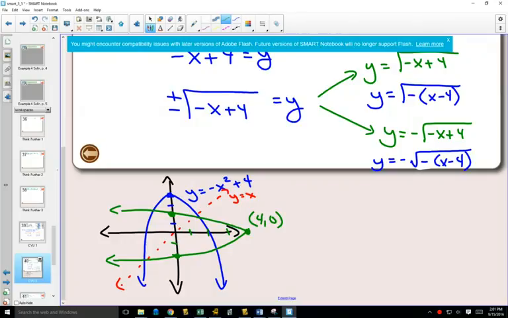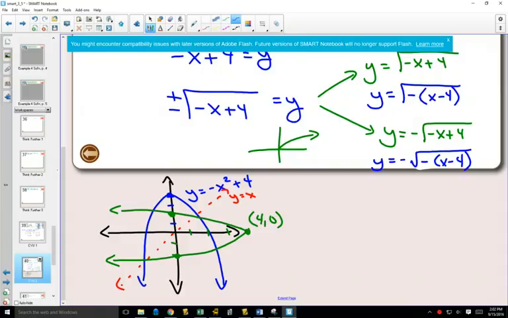Okay? If you wanted to graph the green one using the equations that you found, what is our first equation? The negative flips it. We have our square root graph, right? Here's our regular square root graph. Going from left to right, we have a negative that would flip it over the y-axis and move it 4 to the right. Can you see that that would draw this top part?